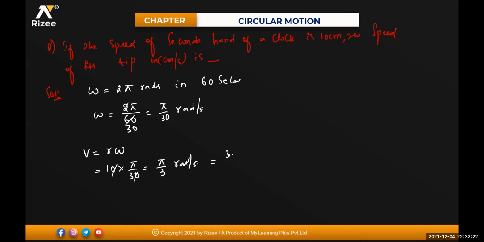Pi value is how much, beta? 3.14 divided by 3. That means this will come out approximately 1 centimeter per second, approximately I'm taking. Clear? Clear for everyone?